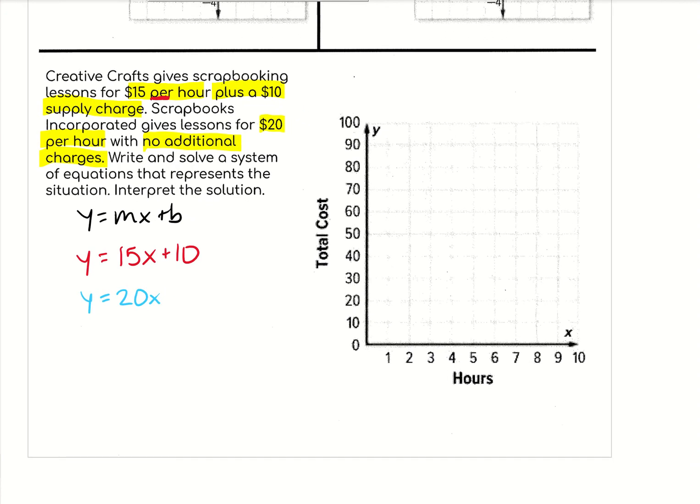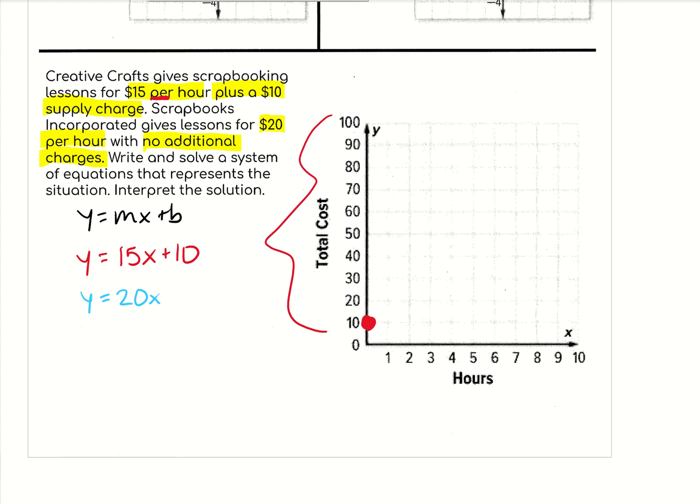So we're going to go ahead and look at, let's do the red one first. We have 15x plus 10. So we start at 10, that's our y-intercept, and then we go up 15 for every 1. Now notice your scale here is not going by 1. That means you need to keep that in mind as you go.